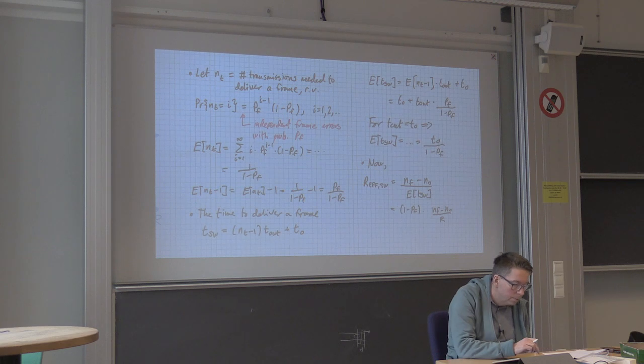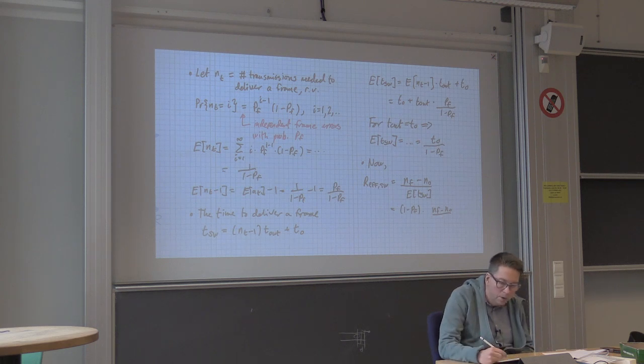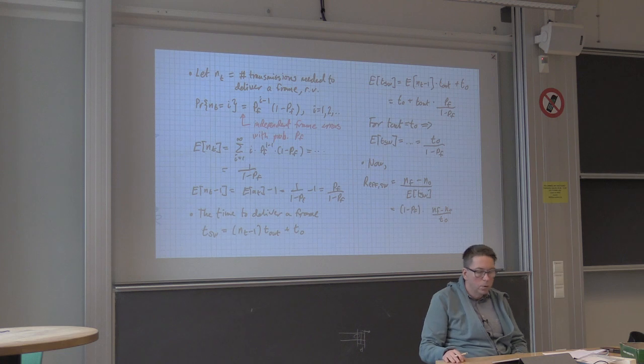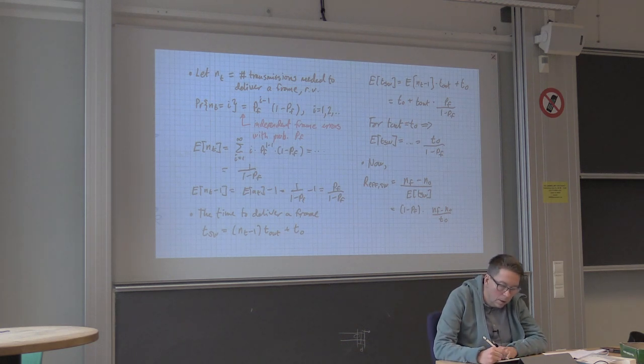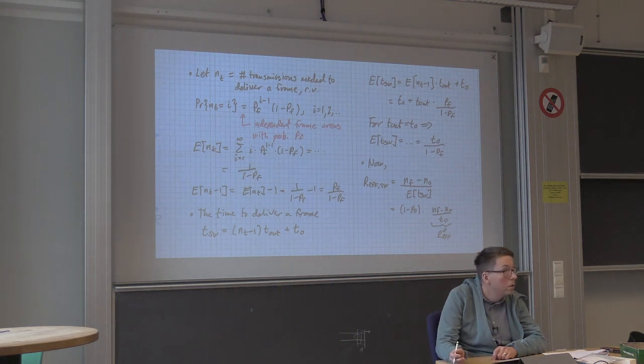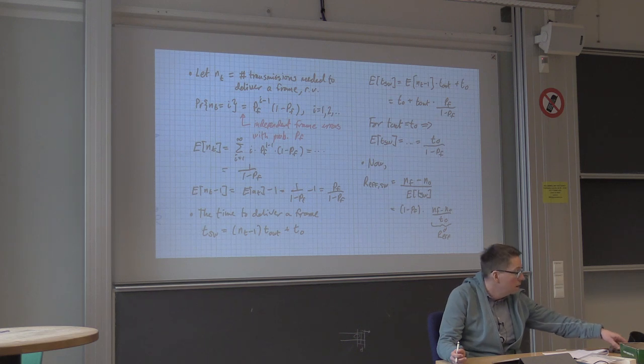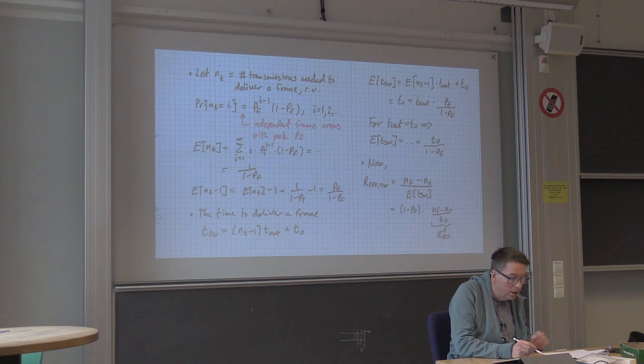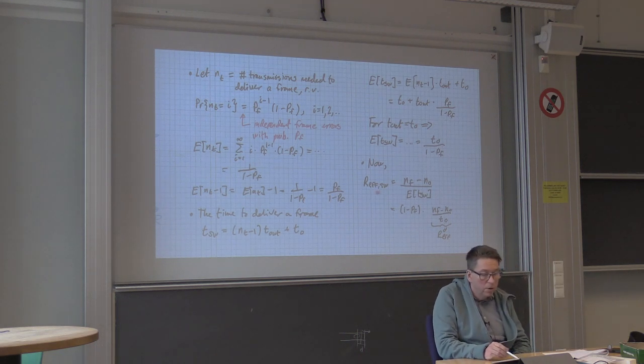times T0, of course. And this latter part here, we recognize as the effective rate when we have 0 errors. So the penalty for having frame errors is very neatly visible in this equation. The effective rate we get is 1 minus PF times the effective rate when we had no errors.